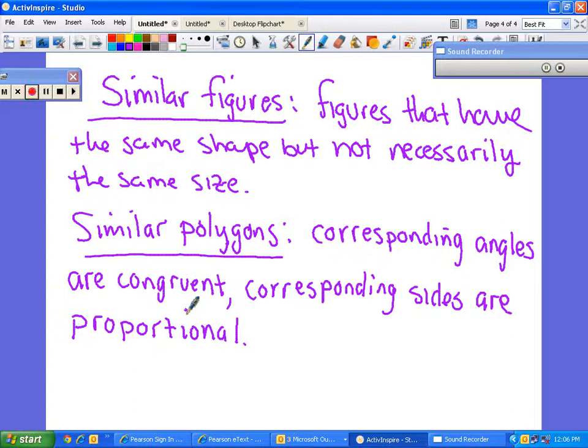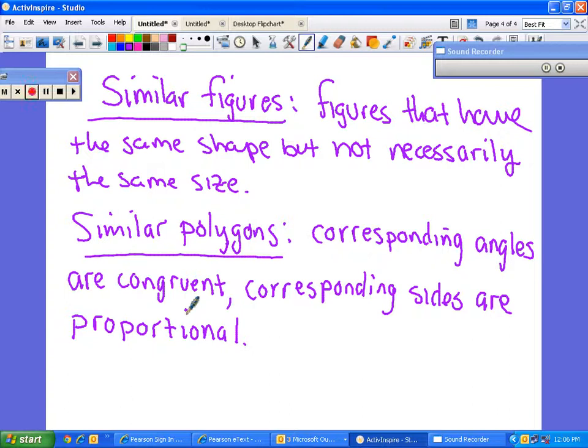Like in two figures, like A, B, C and then those ones. Exactly. That's exactly right. Very good, Bill. Corresponding angles mean they're in two different figures, but they're in the same spot.